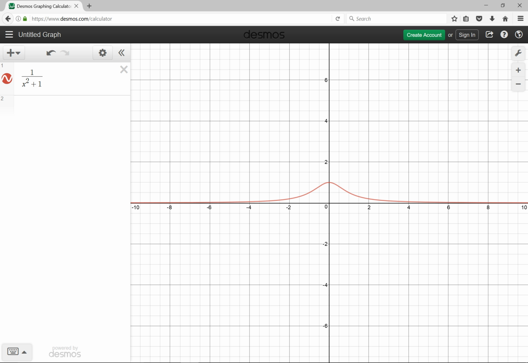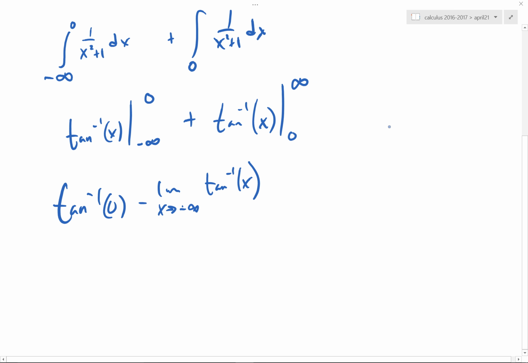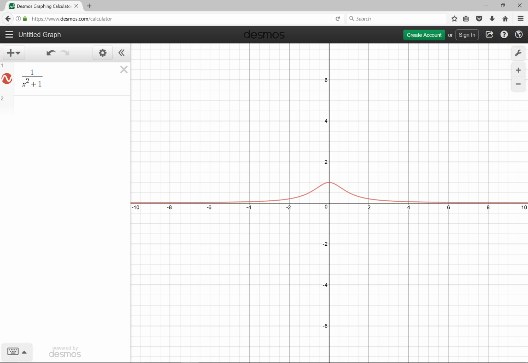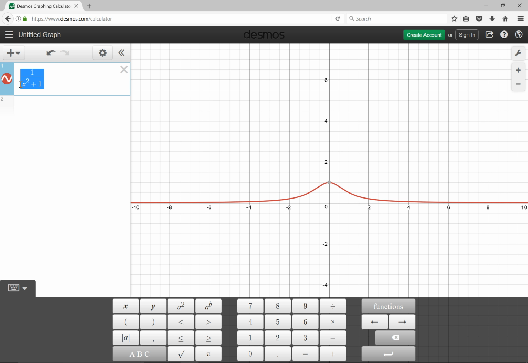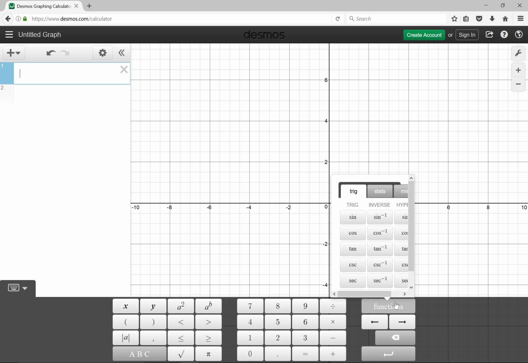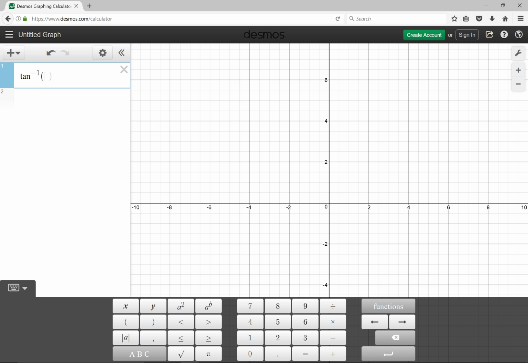What is it approaching? 0. That was arctangent? Let's back it up. Let's actually graph arctangent. If you graph the right function, it might work.